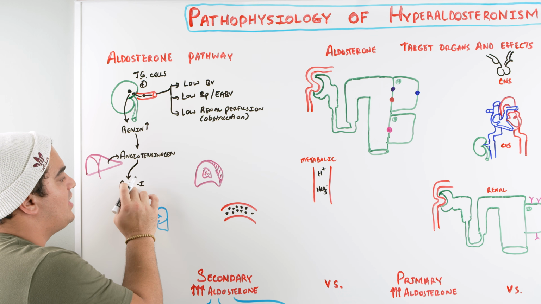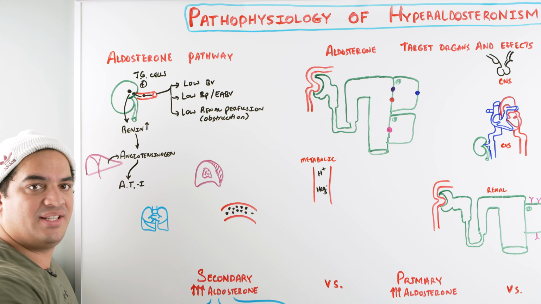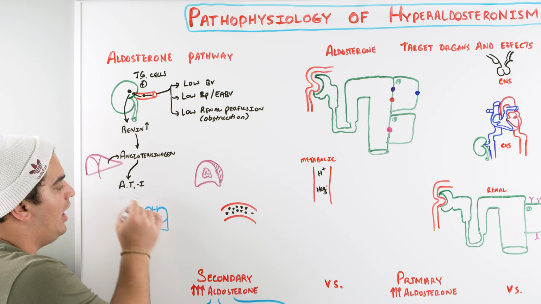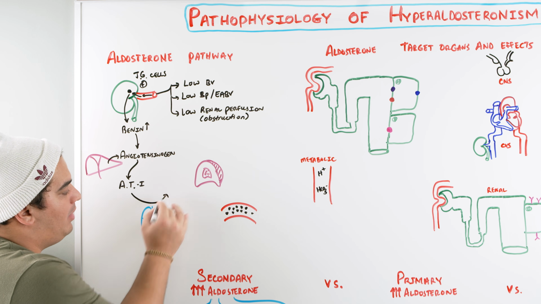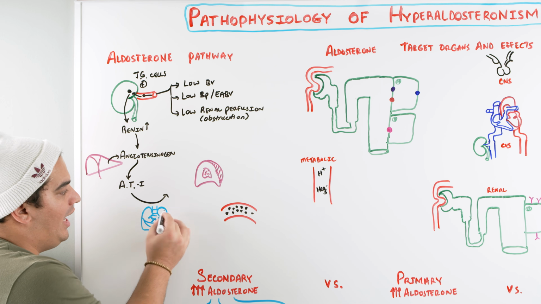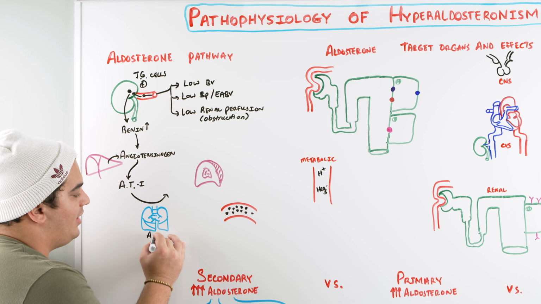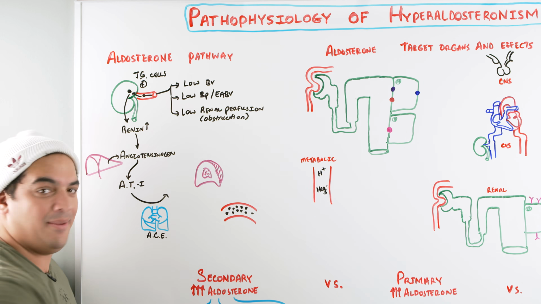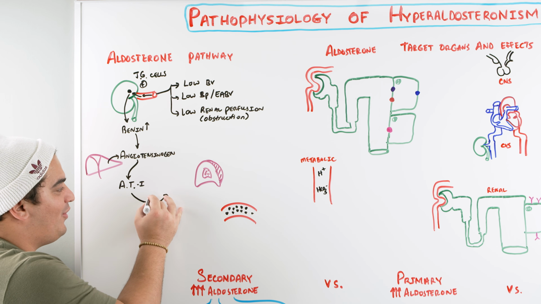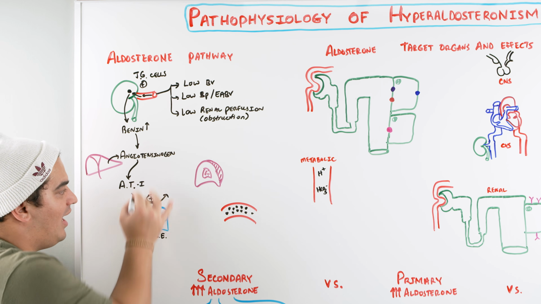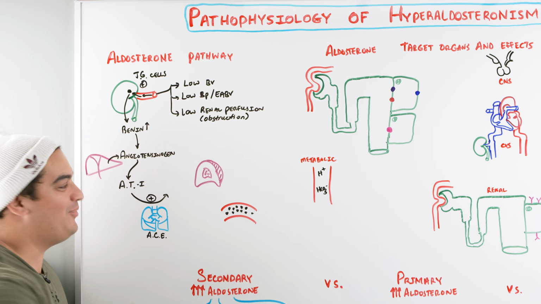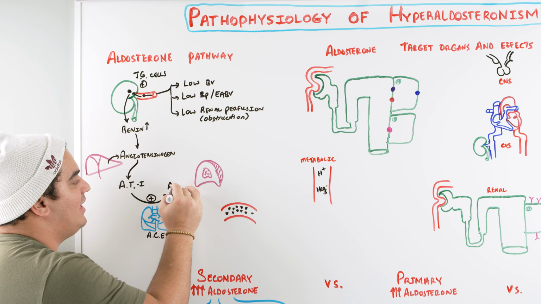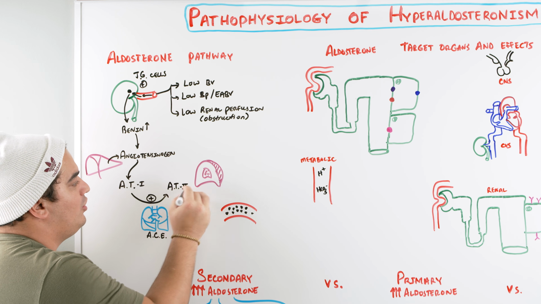Angiotensin 1 circulates through the bloodstream and goes to the capillary endothelium in your lungs. In the lungs, there's an enzyme called angiotensin converting enzyme. What the angiotensin converting enzyme does is it cuts a piece off of angiotensin 1 and makes it into something called angiotensin 2.